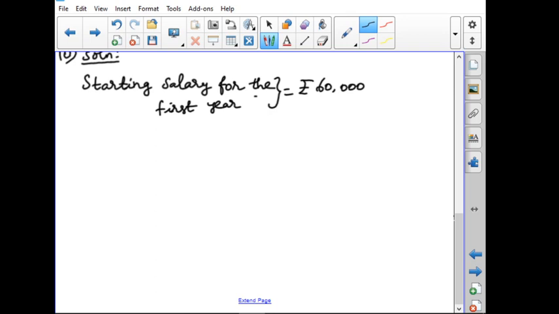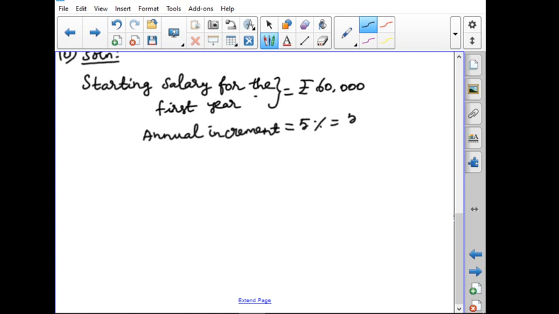Starting salary. Then they have given the annual increment. Annual increment equal to 5%.